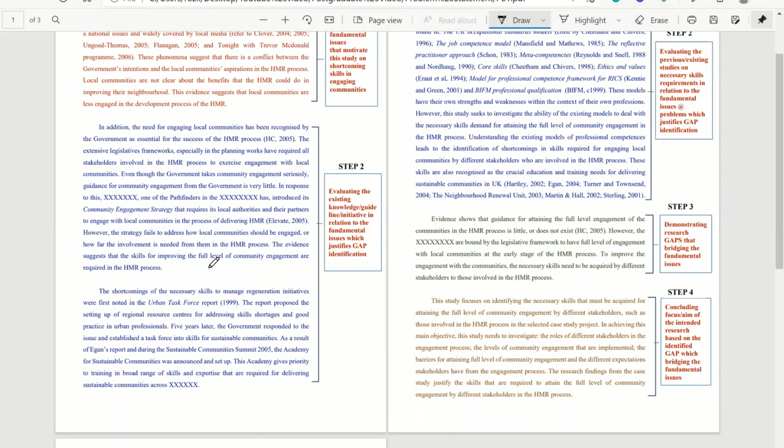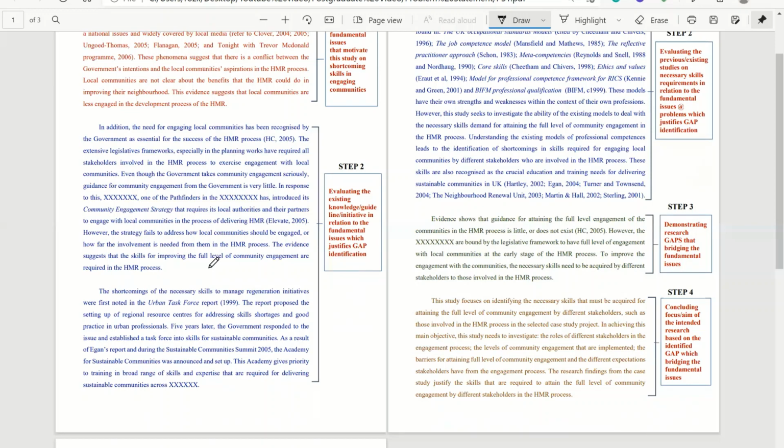Actually, the skill for engaging the community is already in the government policies for the process of delivering housing market renewal. This evidence suggests that the skill for improving community engagement is already there, already established.